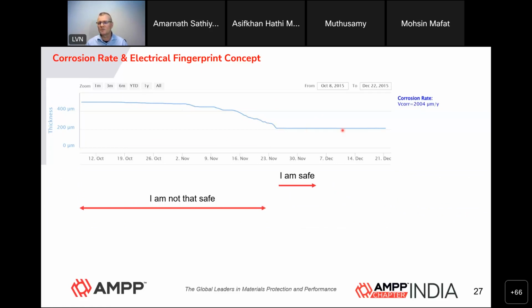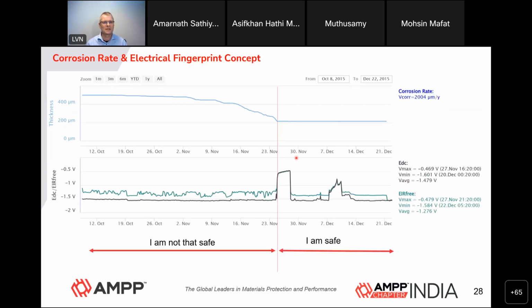Whereas a straight line which just shows no loss of thickness and then no corrosion, you would say that you are safe, right? So comparing those two is actually a little contradictory, because these have been measured on the same coupon, on the same probe, on the same pipeline position. So the ER probe tells us in this case that you are not safe in this area, but that you're safe in this area.